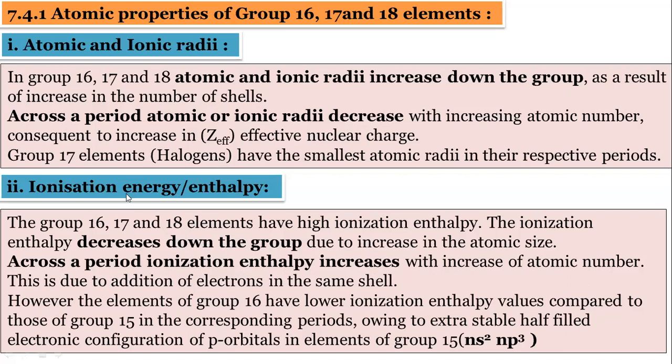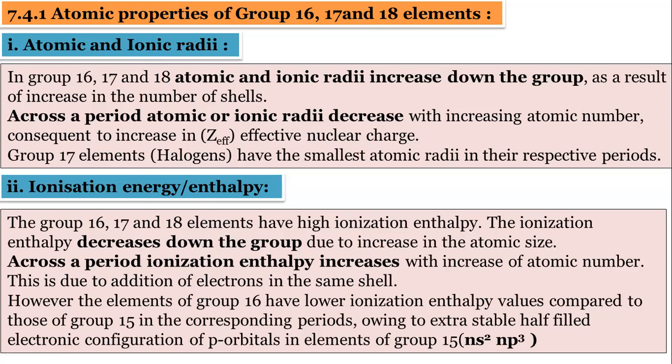This ionization energy is exactly opposite to the ionic radii, remember. As ionic radii increases from top to bottom, ionization energy decreases. Atomic and ionic radii decrease across the period, so the ionization energy will increase. So atomic and ionic radii and ionization energy are exactly opposite, remember.